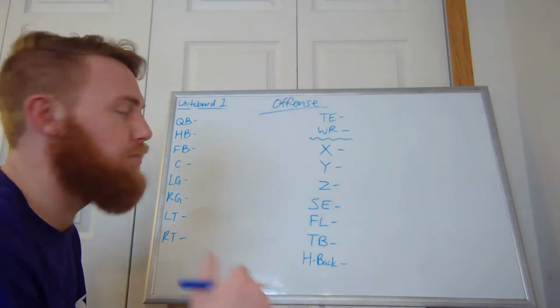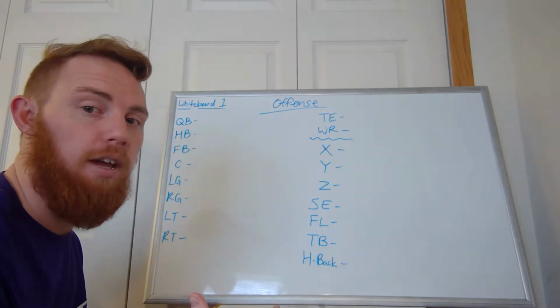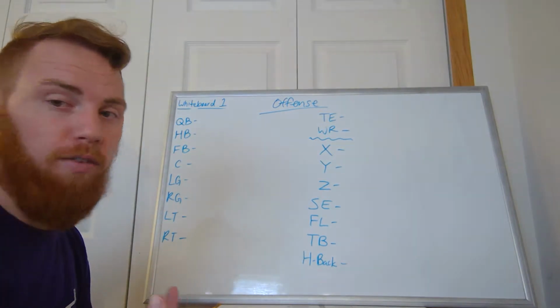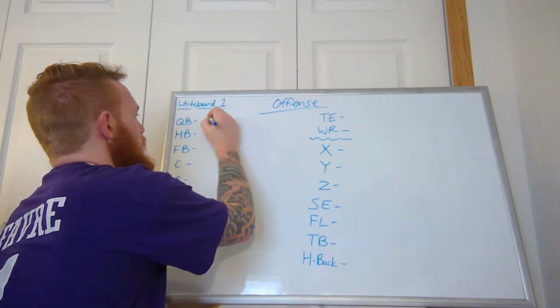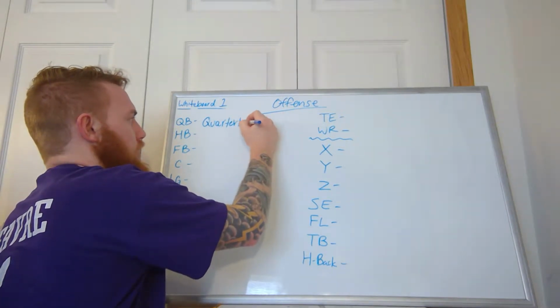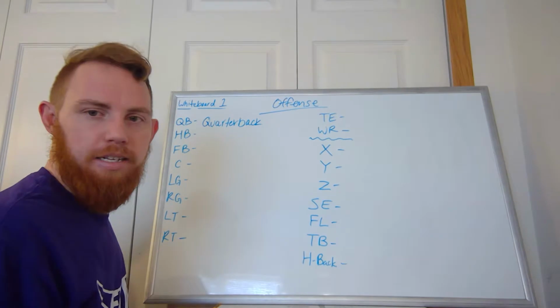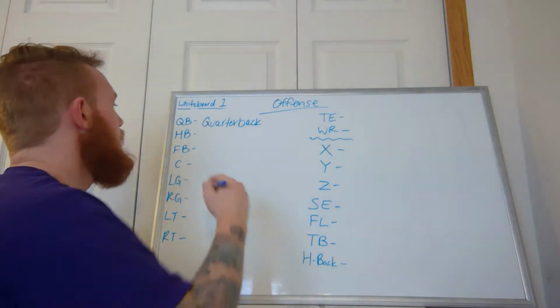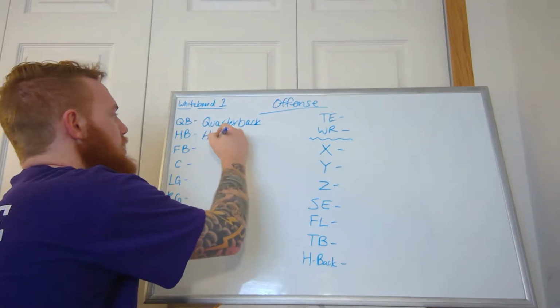Now, your quarterback is your most important position on the field. It's your Aaron Rodgers, Tom Brady, my favorite, Brett Favre. You're going to have those guys here. So QB is quarterback. And I apologize if my writing is garbage right now. Your halfback is HB.